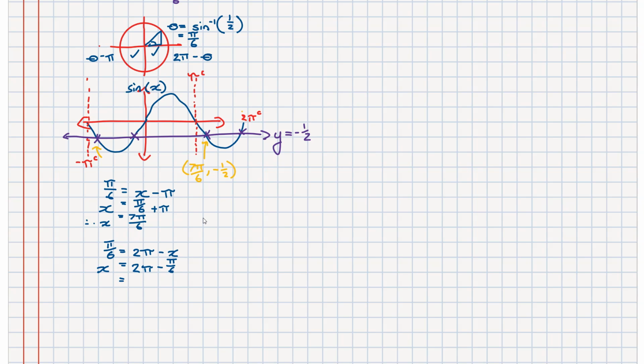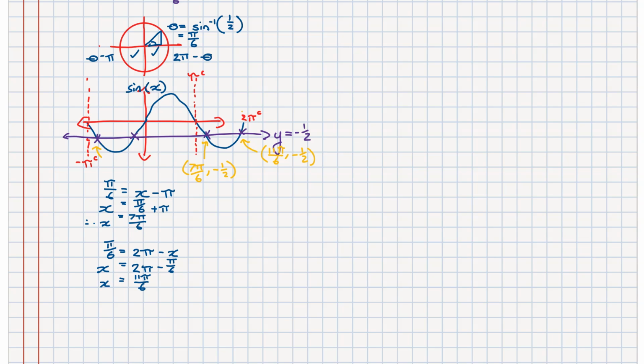And this is going to give us a value of 11pi/6. So notice once again we're outside of our domain because we're well and truly above pi radians. So what we find is that this solution here, 11pi/6, equals -1/2.